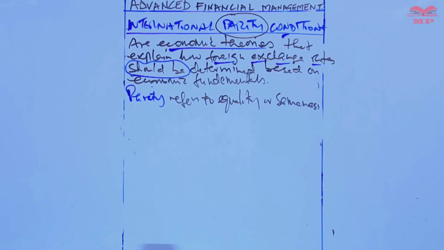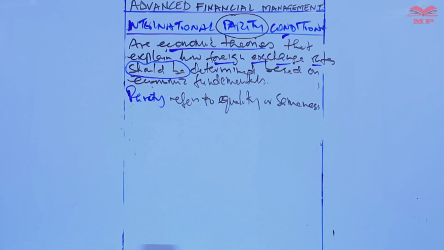So the syllabus requires us to look at which parities. We have interest rate parity, then we have purchasing power parity, and the international Fisher effect.